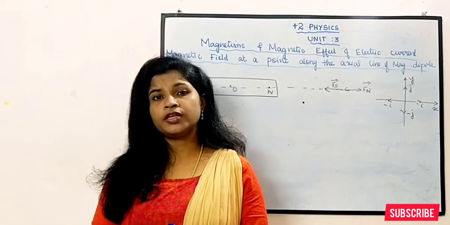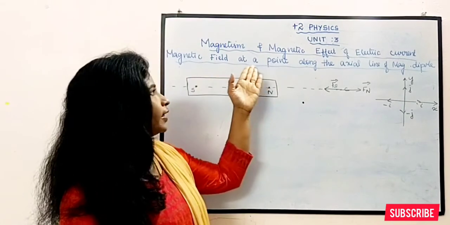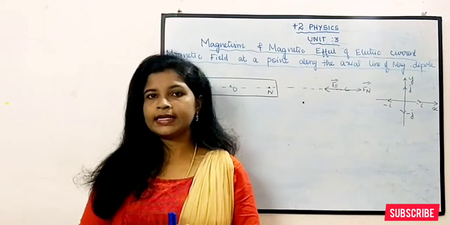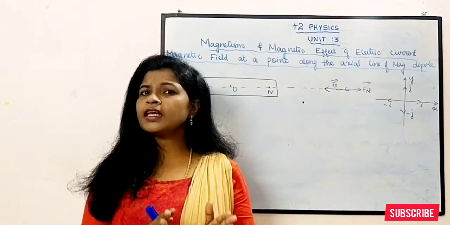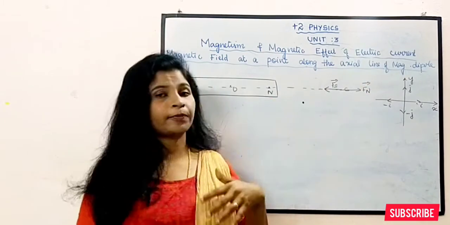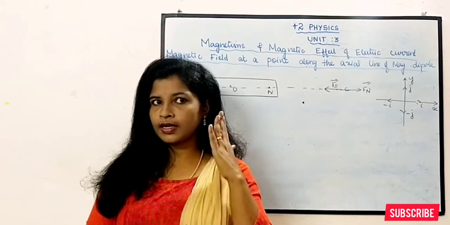So today we are going to discuss a new topic, that is magnetic field at a point along the axial line of the magnetic dipole. The same thing we have studied in the first unit, but instead of a magnetic dipole, we studied about the electric dipole. Can you remember that?